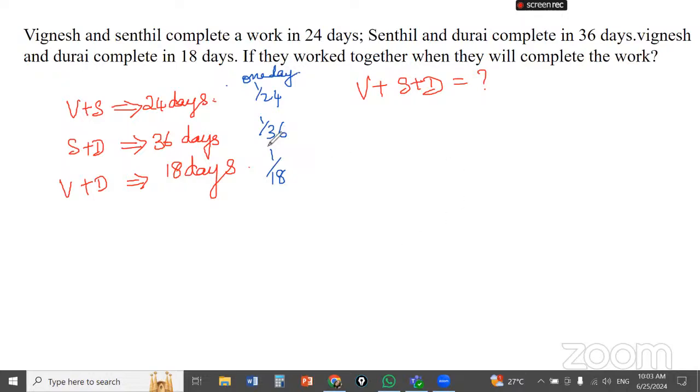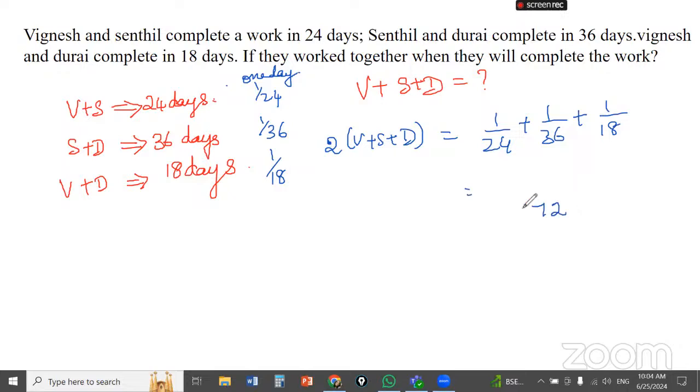It's so simple. You just add everything: V plus S plus D plus V plus D. When you add them, you'll be getting 2 times V plus S plus D. Everything will be twice. Their 1 day work will be 1 upon 24 plus 1 upon 36 plus 1 upon 18. Pranavan, you missed this 2. The LCM would be 72 for this.